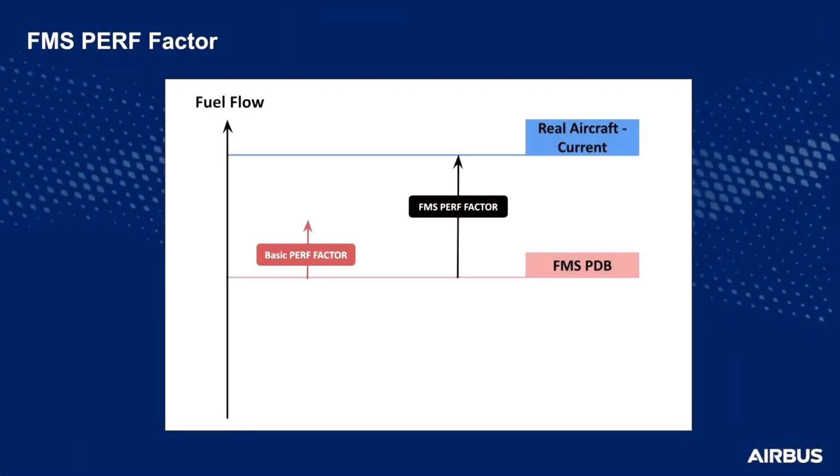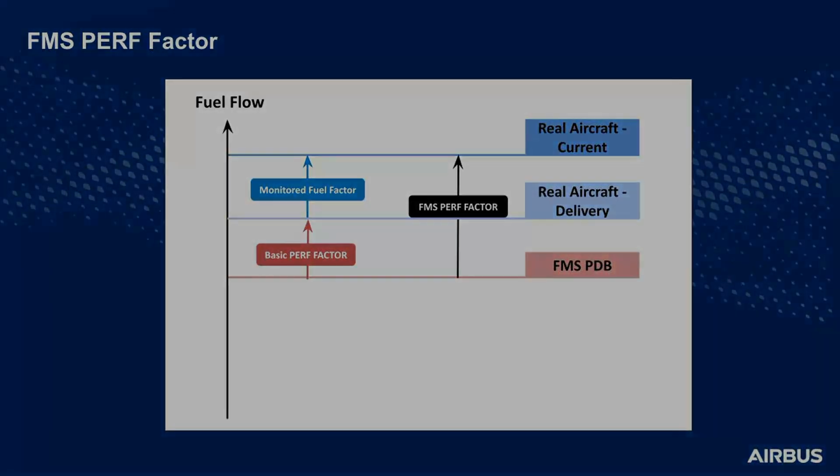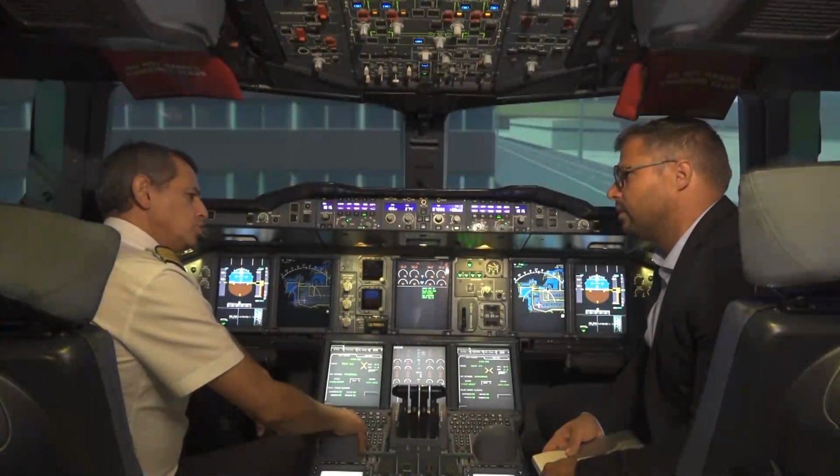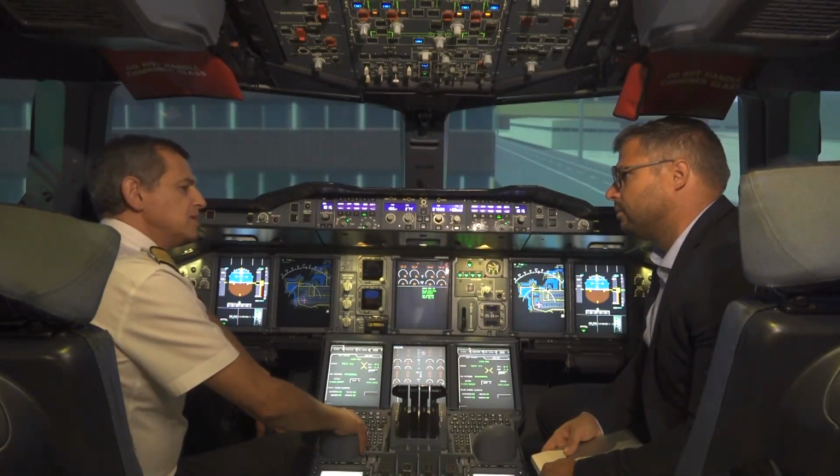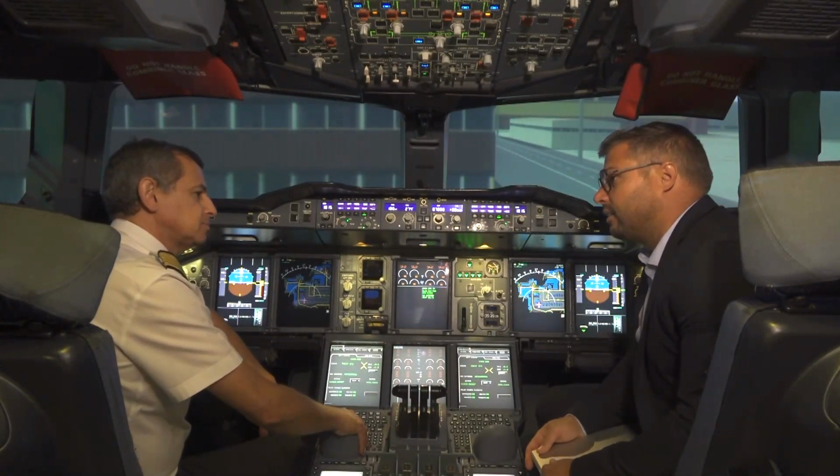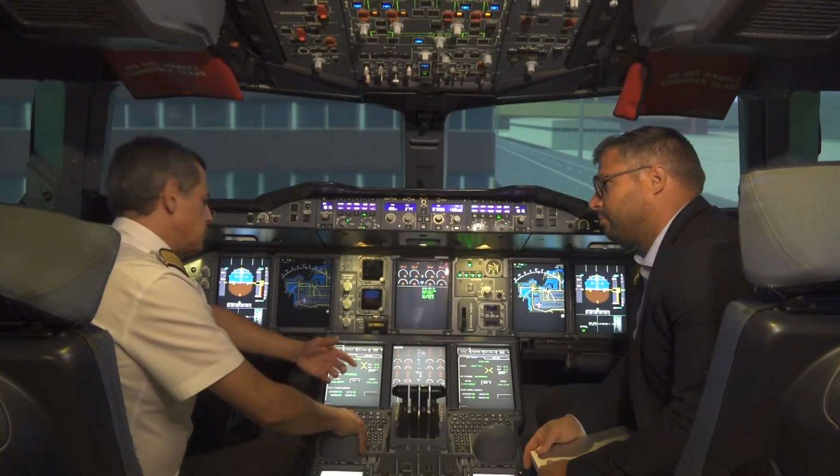And this is because the PERF factor is the addition of the basic PERF factor inserted on delivery and a monitored PERF factor inserted by the flight ops department of the airline. So do you mean that the +1 is a monitored PERF factor? Yes, exactly. But what does that mean, +1?